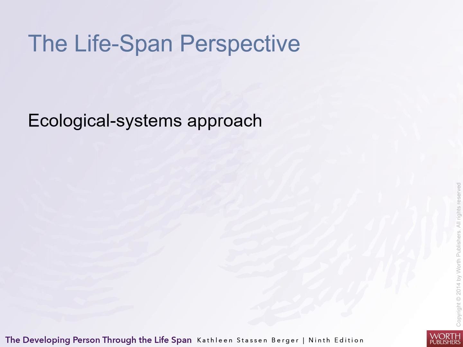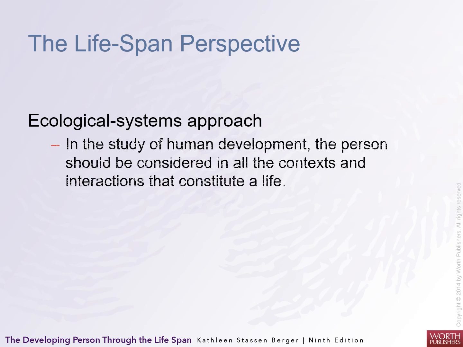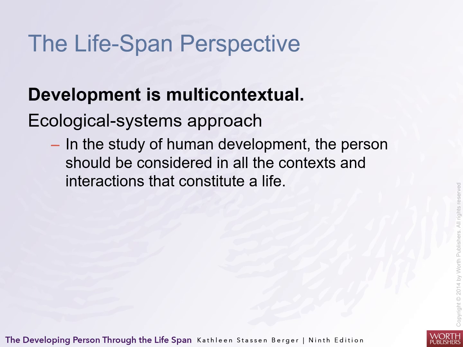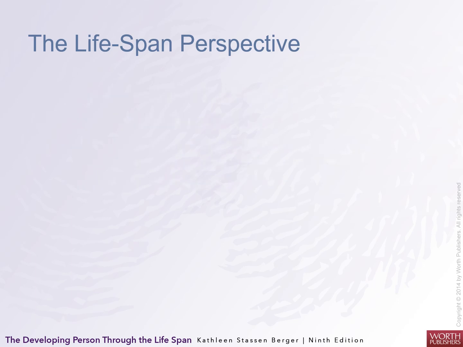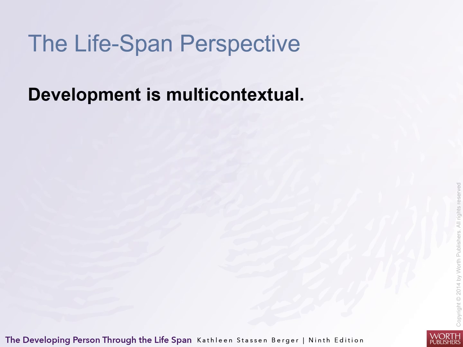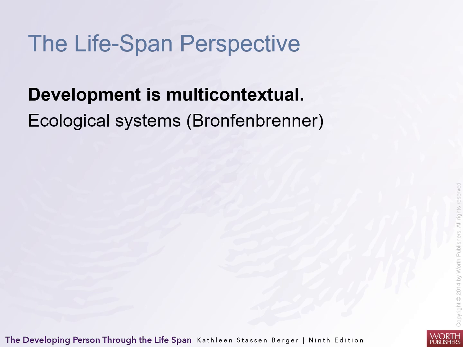The lifespan perspective is also an ecologically based system, in that development happens in a context and an environment. In the study of human development, the person should be considered in all the contexts and interactions that constitute a life. Development is multi-contextual, like Bronfenbrenner, who talked about ecological systems.